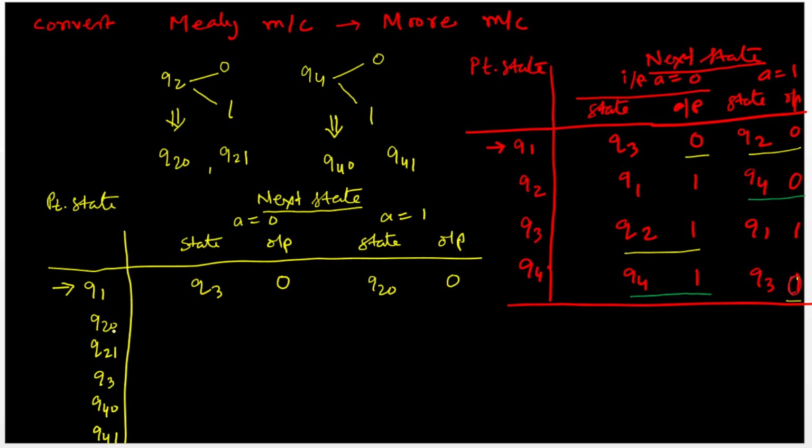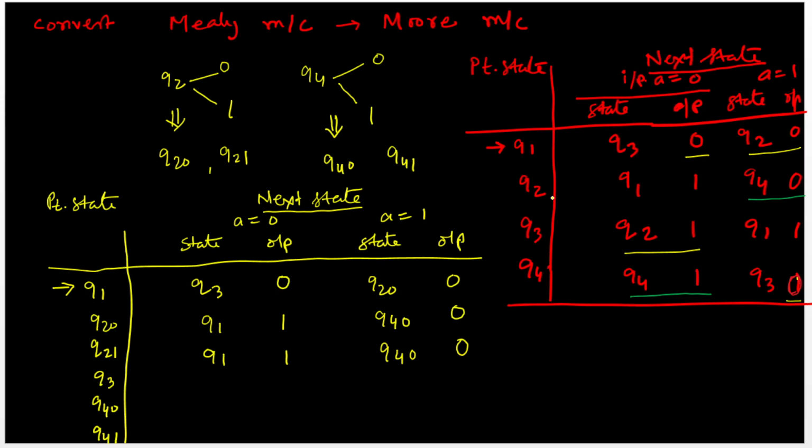Now Q2 0: it will remain the same, Q1 with associated output 1. But here it will be Q4 0 and output is 0. Right? Similarly Q2 1 will remain the same, and it will also be Q4 1, Q4 0 is also 0.